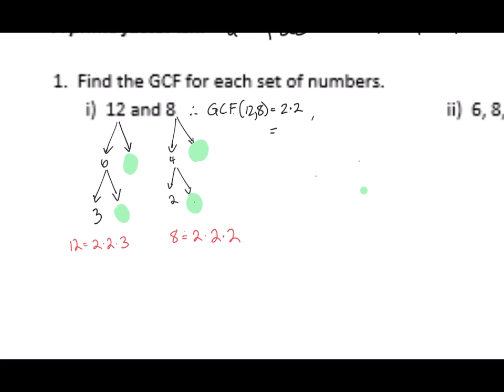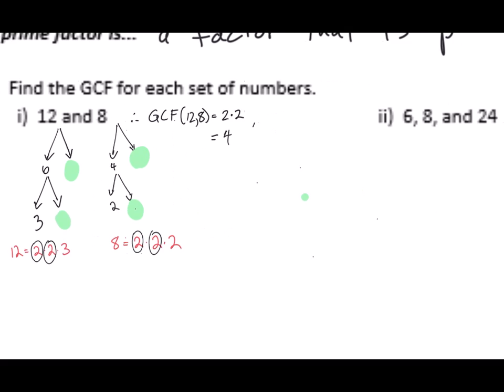So the GCF of 12 and 8 based on our chart is 2 times 2, or you could have looked at your broken down factors of 12 and 8 and matched them like this and just said, okay, the only things that match are 2 and 2. So 2 times 2 is, well, 4.